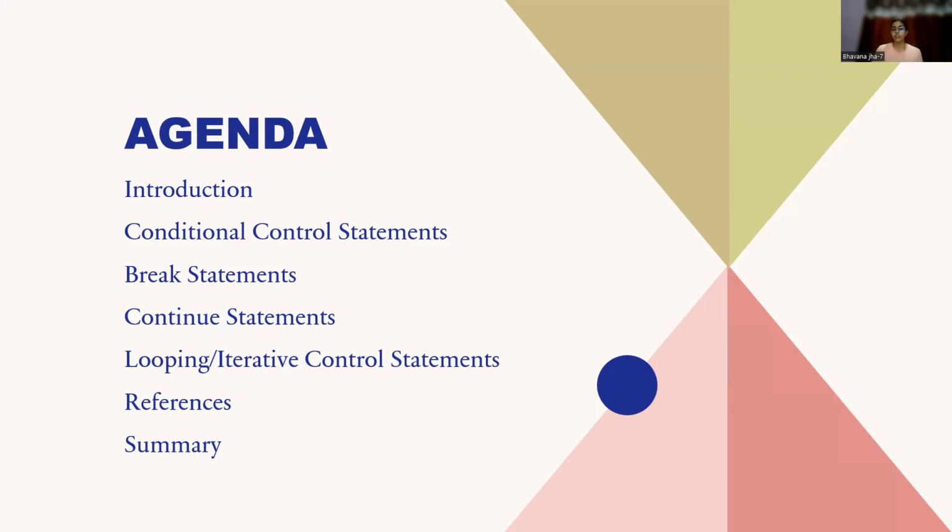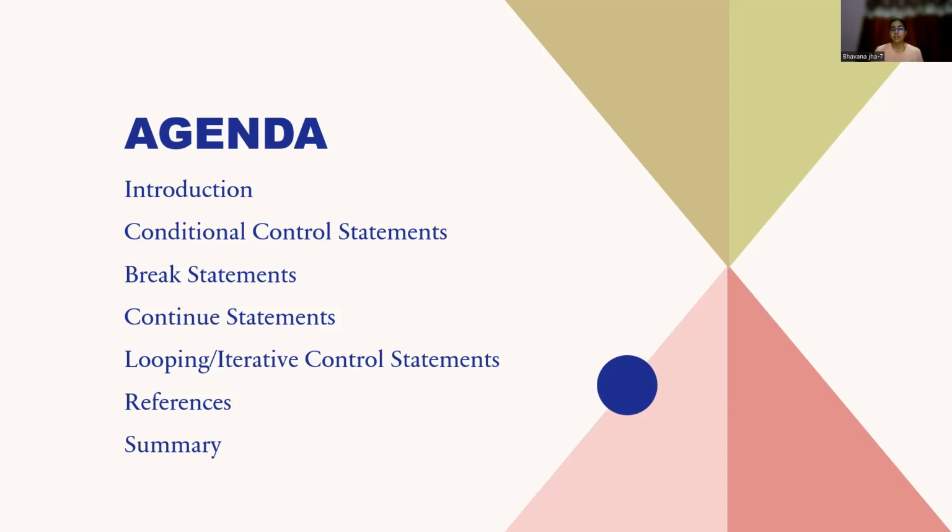So before moving on to the main topic, what is control structure? I want you all to know a little about the language. What is JavaScript? JavaScript is a very popular scripting language used for web development, and it is often used in conjunction with HTML and CSS to create interactive web pages.